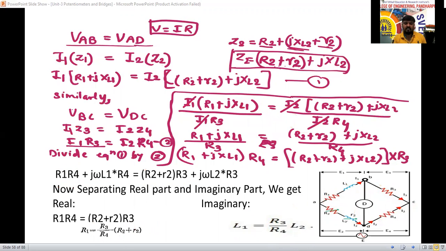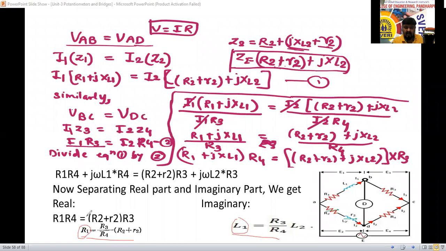And I asked one question: is the equation for L1 dependent on R1 or independent of it?